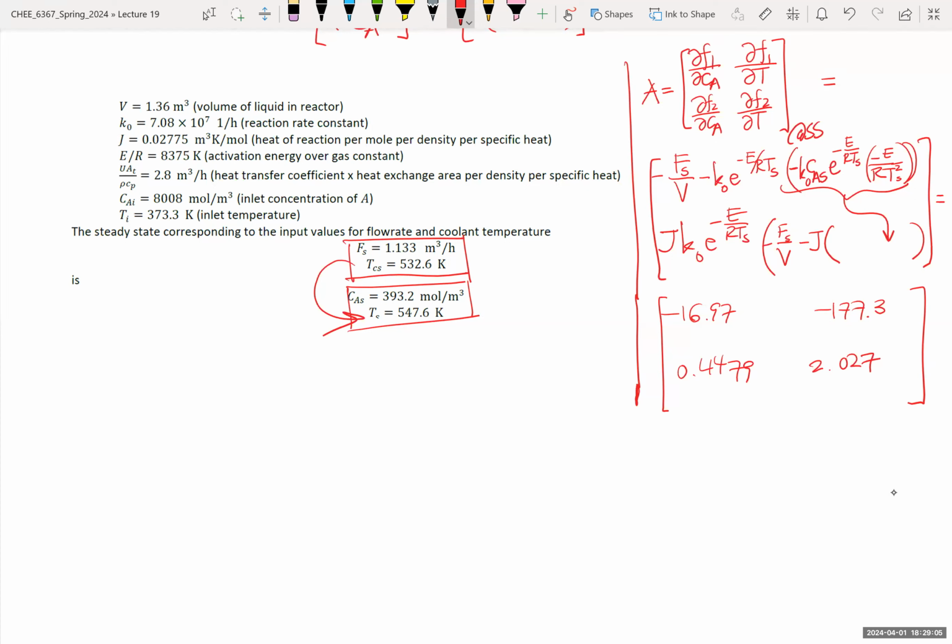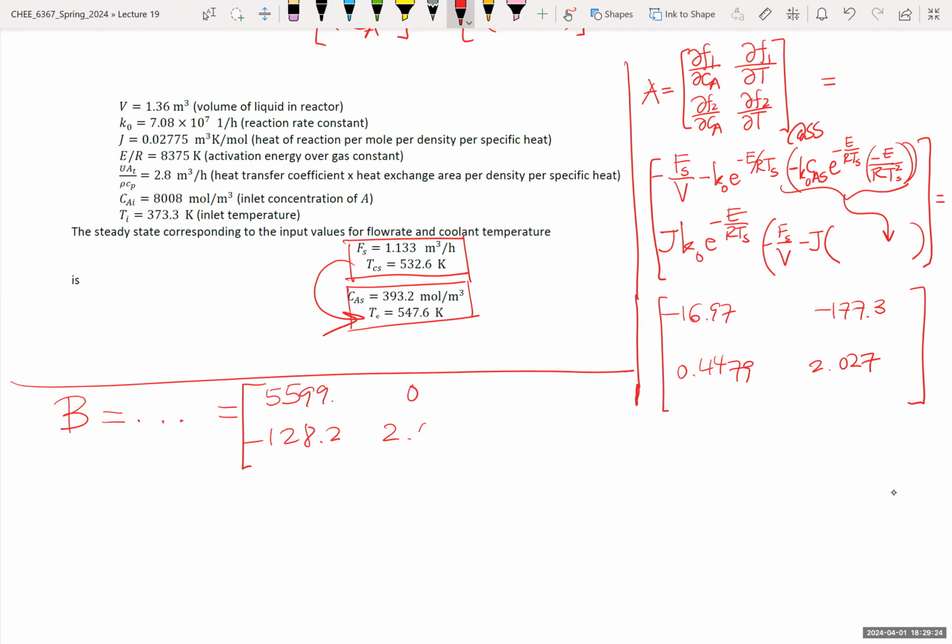So this is the same story for B, and I'm not going to redo this again, so I'm just going to show the results from the notes. So 5599 0 minus 128.2 2.059.